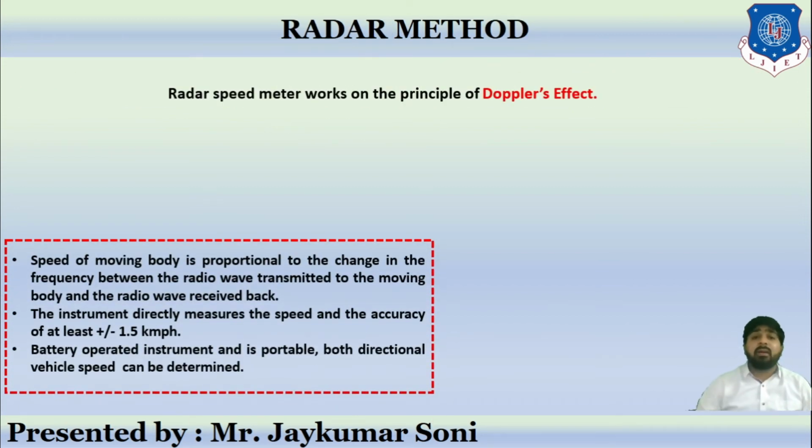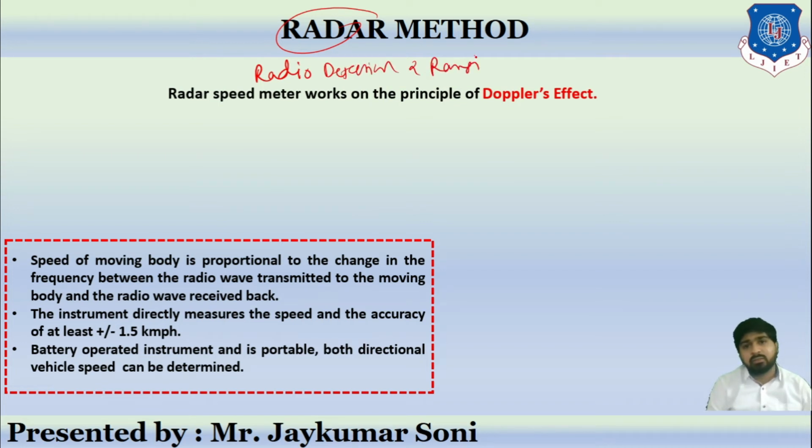Then comes the radar method. The full form of radar is radio detection and ranging. This radar speed method works on the principle of Doppler's effect. We have already discussed this Doppler's effect when we were discussing volume studies.